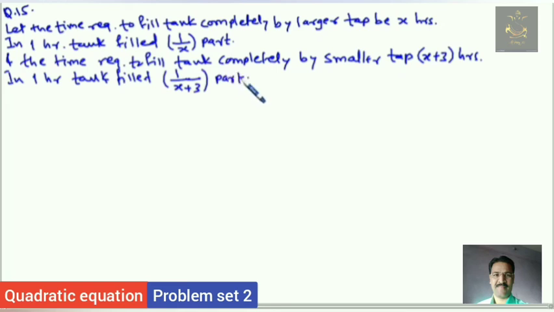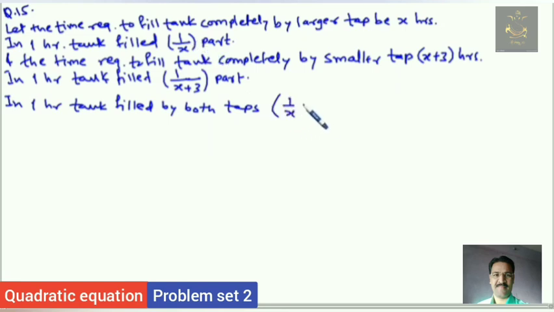Now just observe here. Therefore, in 1 hour the tank filled by both taps is, first by the larger tap, 1 upon xth part of the tank, plus by the smaller tap, 1 upon x plus 3.